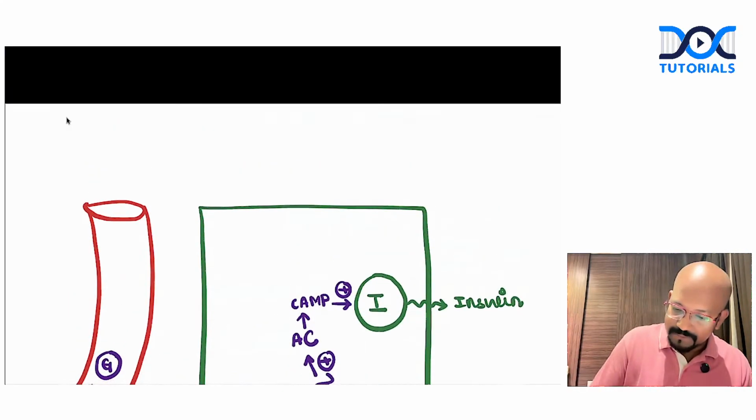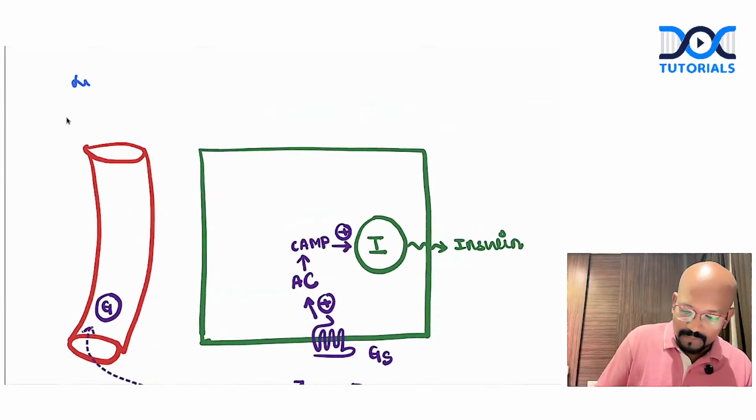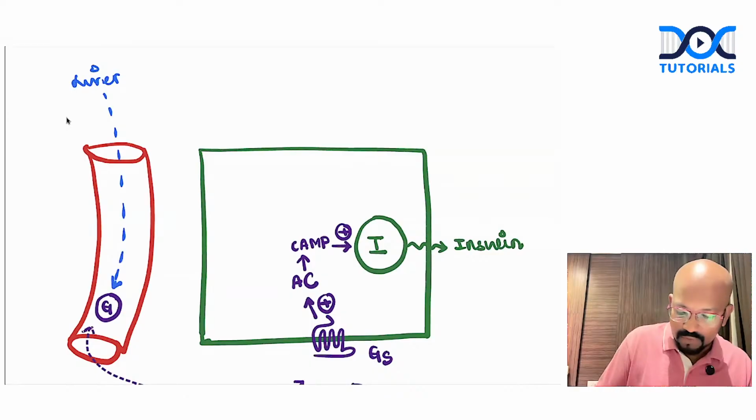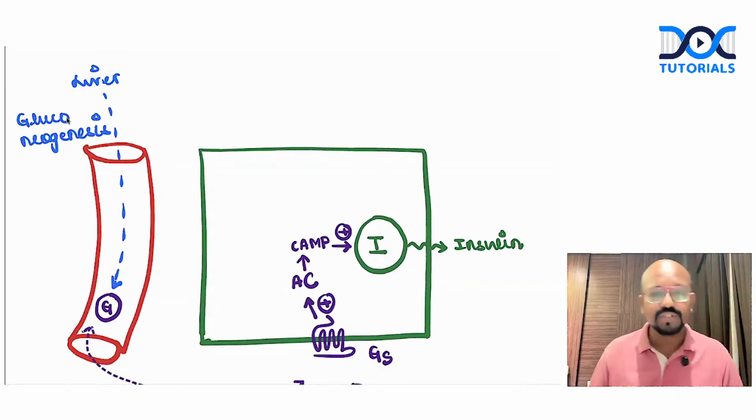So we have the liver here. From the liver, there will be synthesis of glucose, which is again secreted out into the blood with the help of gluconeogenesis.